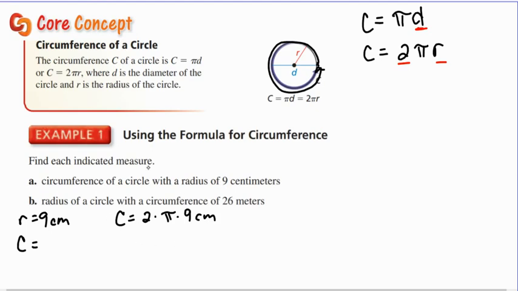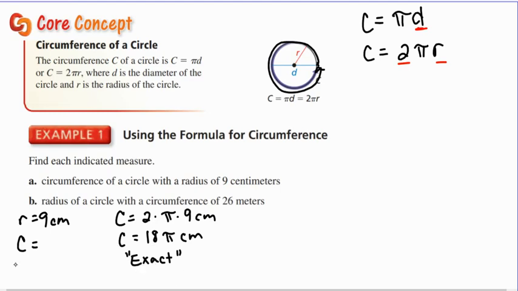Okay, and when I multiply all that out, I find out that is equal to 18 pi cm. I just multiplied 2 times 9 to get 18. And this is what I need if the problem demands an exact answer, right? I'm not going to multiply it by pi if I need an exact answer.